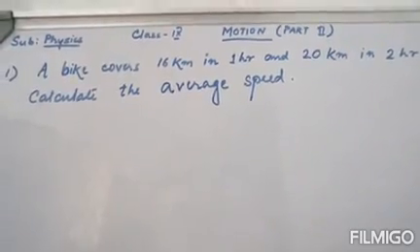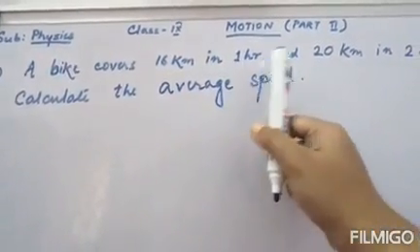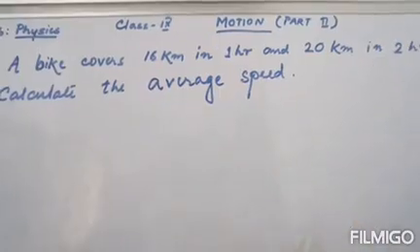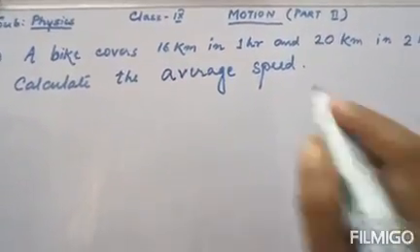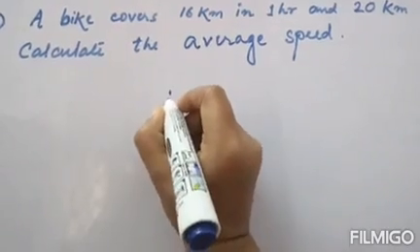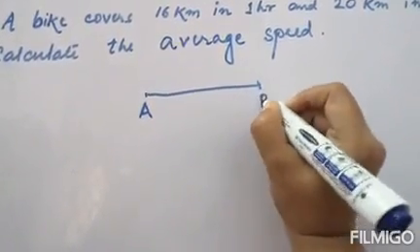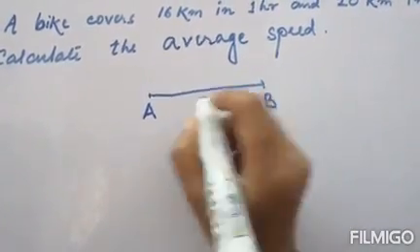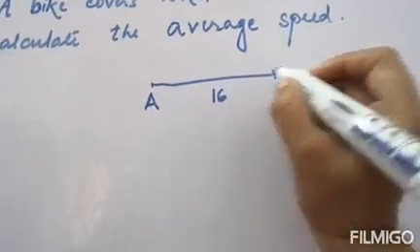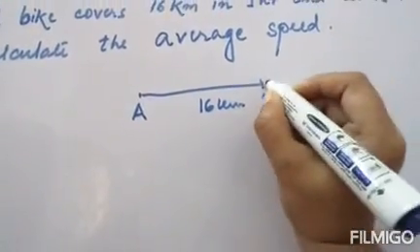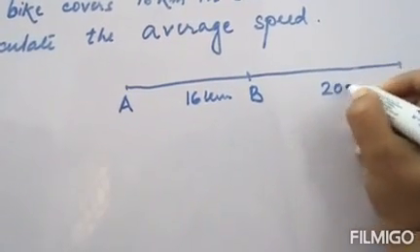Now we have a simple question: a bike covers 16 km in 1 hour and 20 km in 2 hours. Calculate the average speed. Now what is the question? A bike may be starting from A and moving to B. The first distance is 16 km, and the second distance is 20 km.